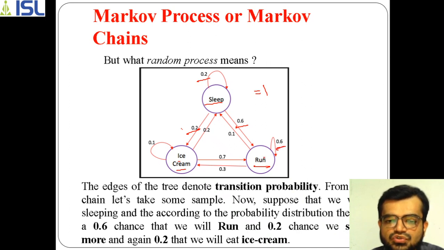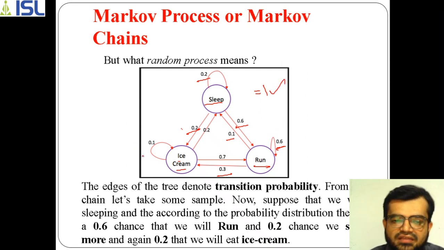But when you want to change to the ice cream state, the probability is 0.3, and when it moves to the sleep state, the probability is less, that is 0.1. So 0.6 plus 0.3 plus 0.1 gives you 1 again. The same thing happens for the ice cream state also.